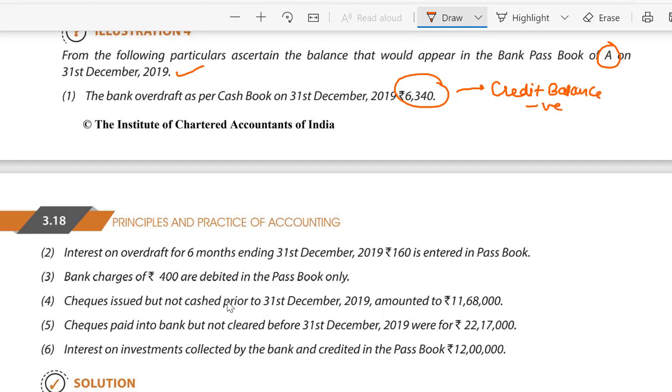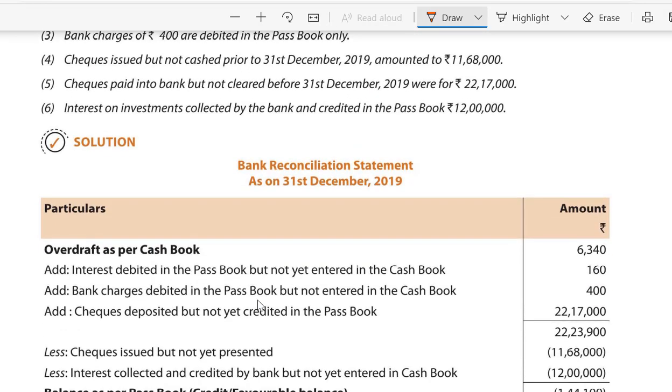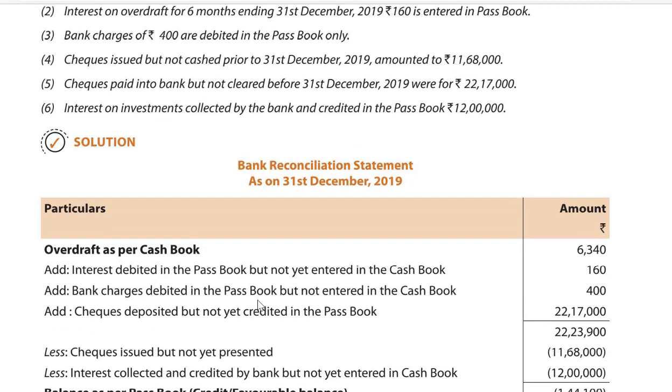That means negative balance in the bank column of the cash book. Second, just see it over here, overdraft as per cash book, 6340.